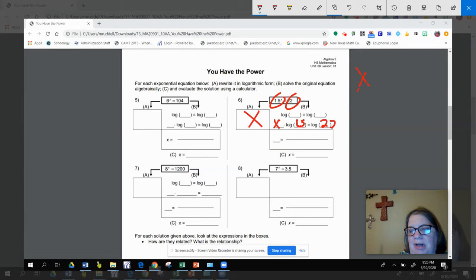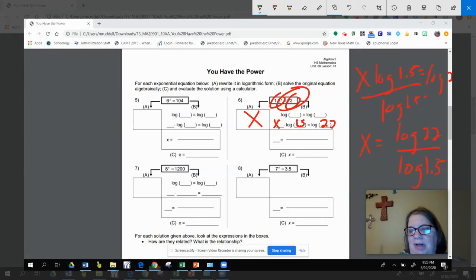So you have x times log 1.5 equals log 22. Okay, you can divide by log 1.5. So you have x equals log 22 from this side divided by log 1.5.